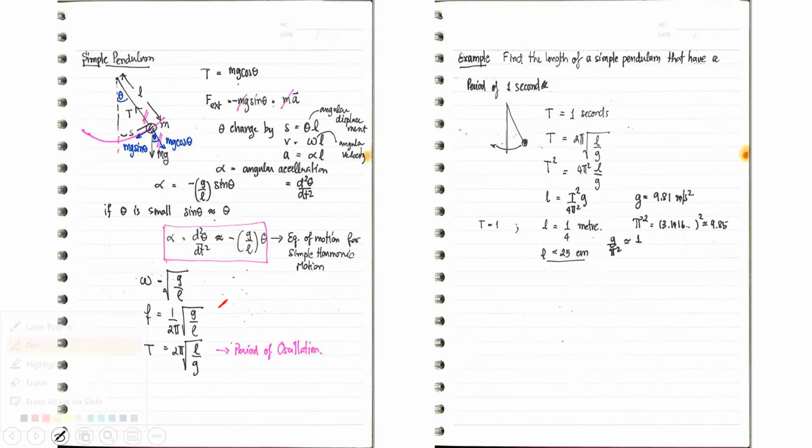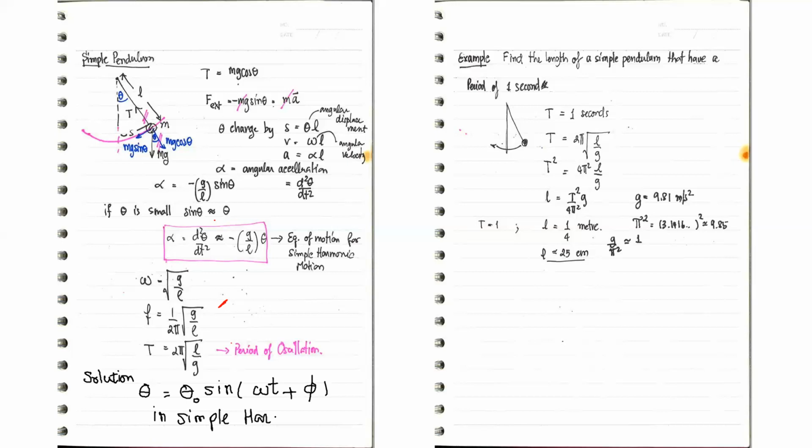The solution is theta equals theta 0 sine of omega t plus phi, in simple harmonic form.